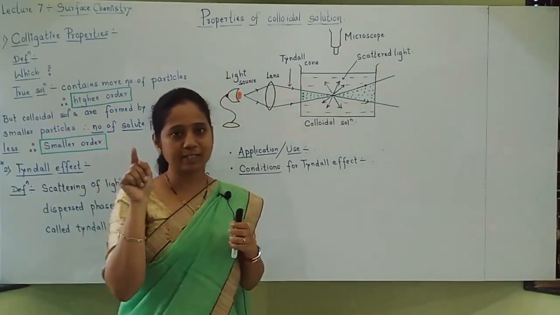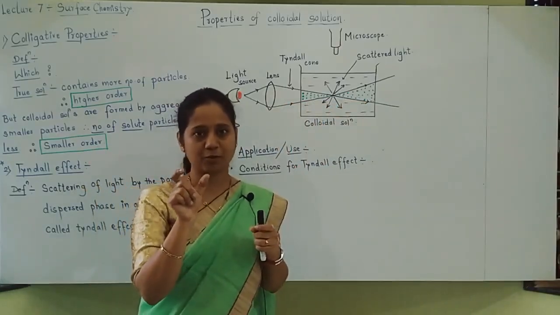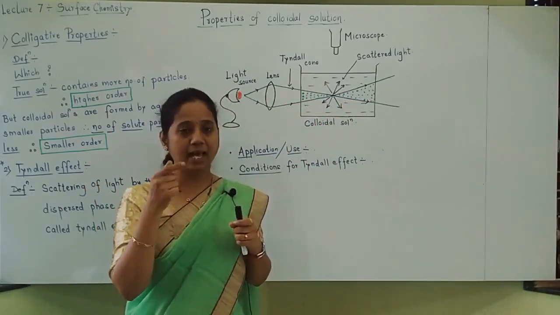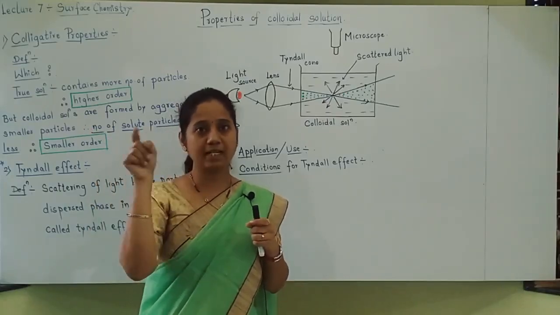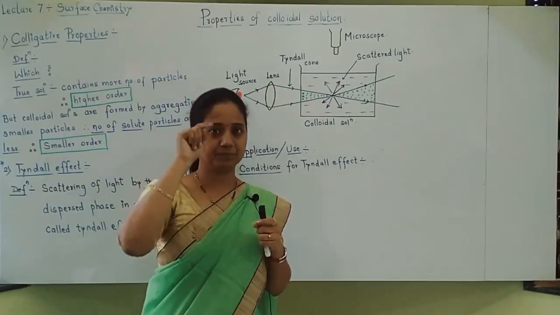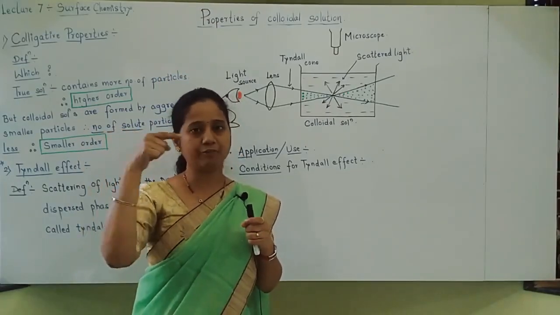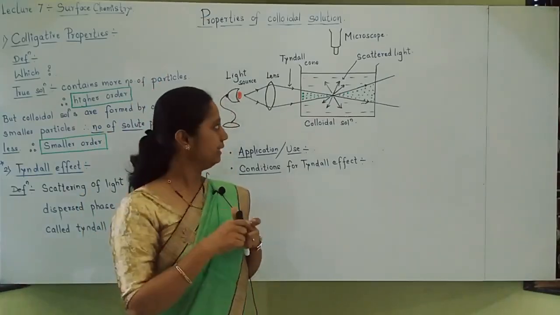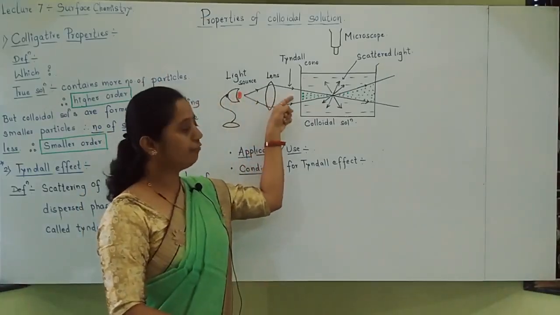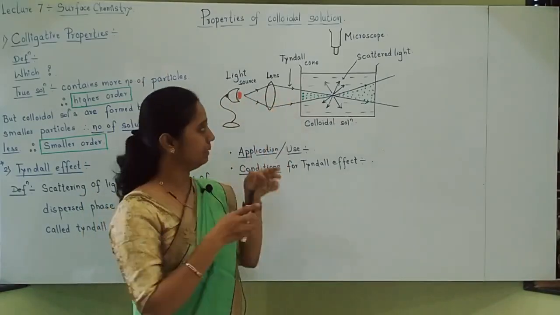When a strong beam of light is passed through colloidal solution kept in dark room, and the path of light is observed at right angle, then the path of light is made visible.